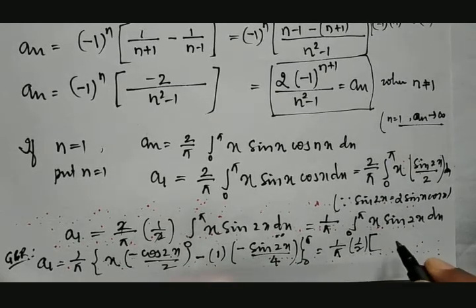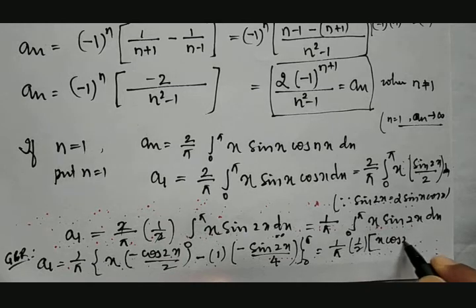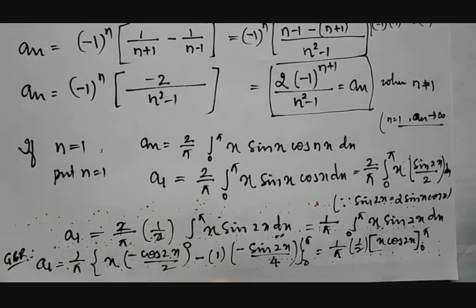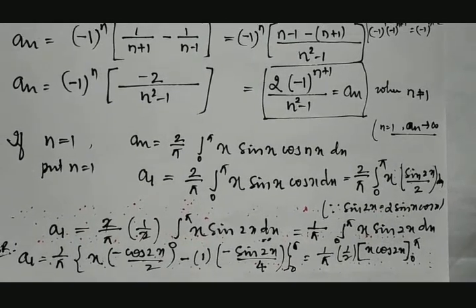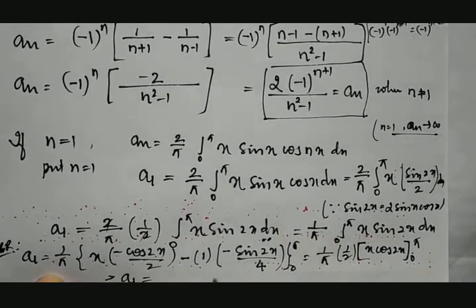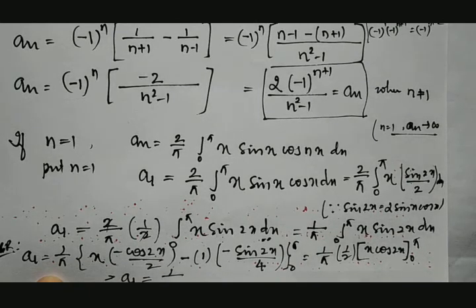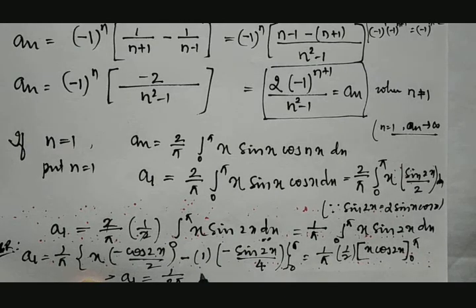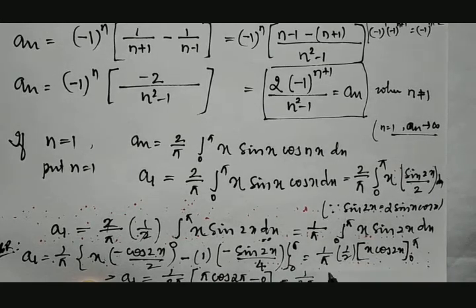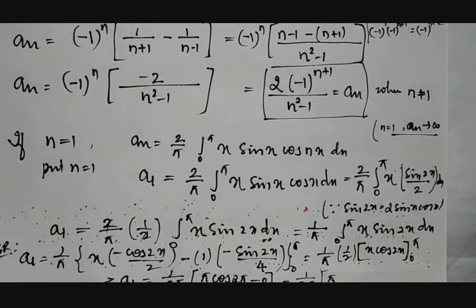Then inside the bracket, x into cos 2x between 0 to pi, which is nothing but a1 is equal to 1 divided by 2 pi into upper limit pi into cos 2 pi minus lower limit 0. Therefore, it is 1 by 2 pi into, what is cos 2 pi?